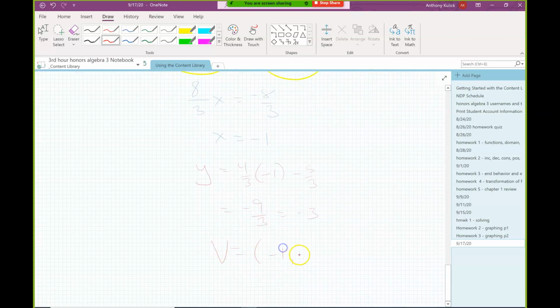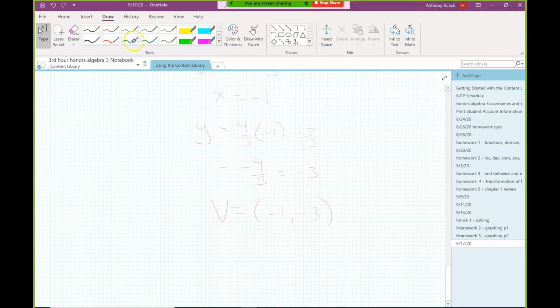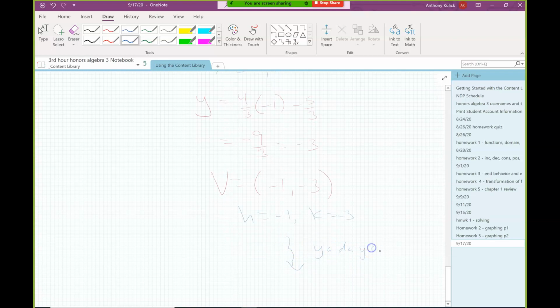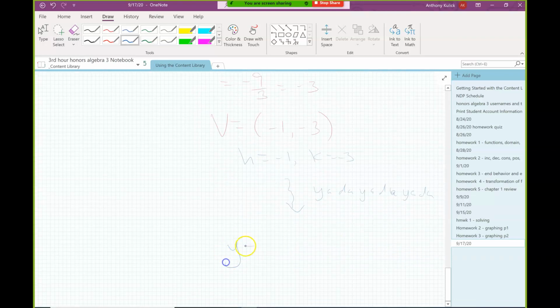So my vertex is, and if you were observant, you would notice this is the same problem that we did earlier. The very first example I gave, this is the same thing. So there's my h, there's my k, and so on. I end up with y equals negative 4/3 absolute value of x plus 1 minus 3.